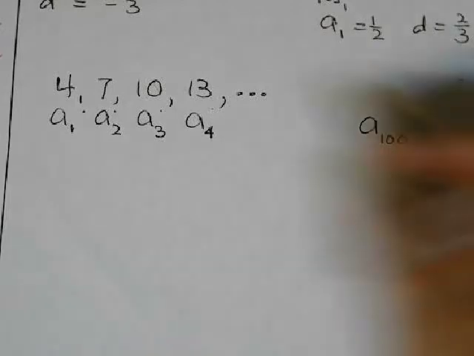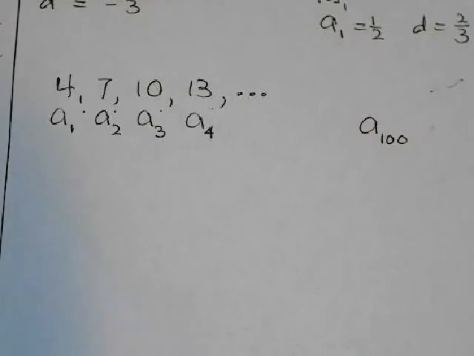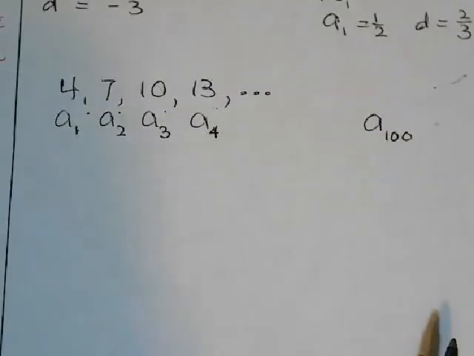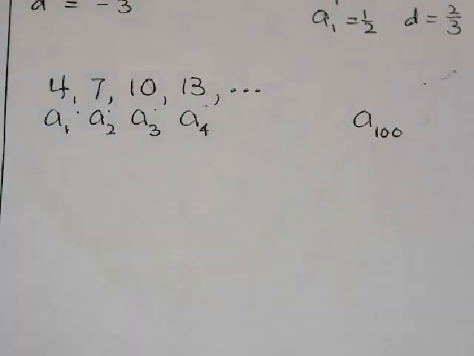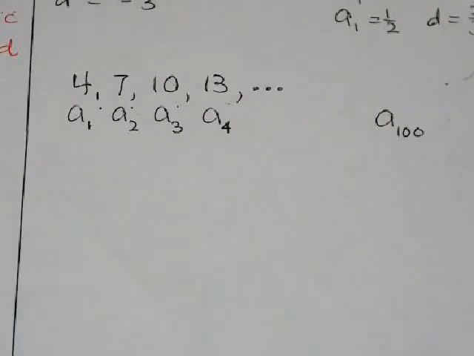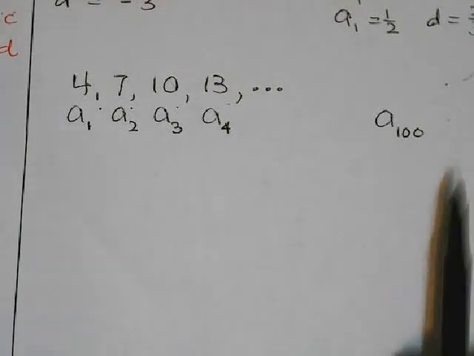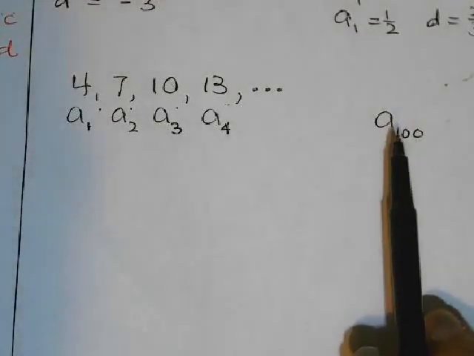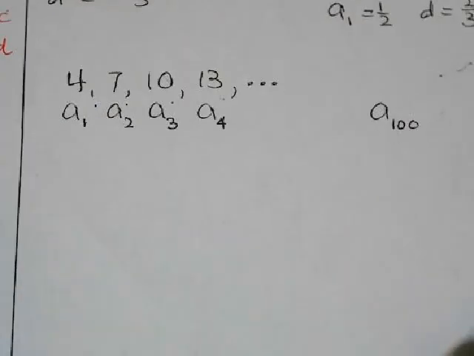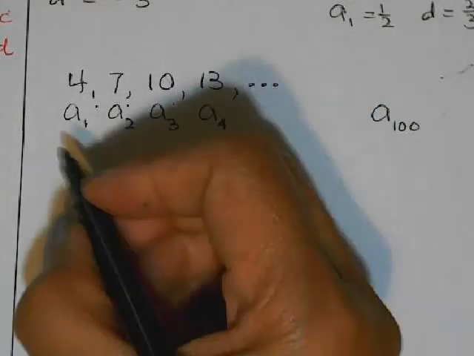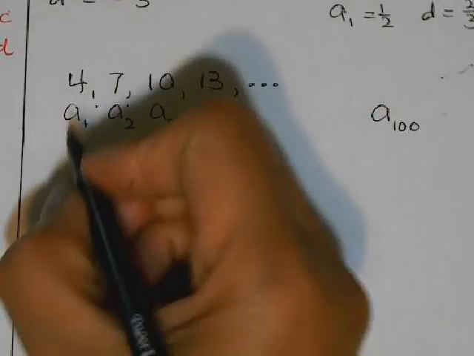Because you have to keep on adding until you reach the 100th term. So we should find a shortcut, a way to calculate that. I think most of you remember from Algebra 1. So the formula to find any term, I'm just going to give you the formula. If you want to find the 100th term or the 1,000,000th term, you have to use this formula, the explicit formula.